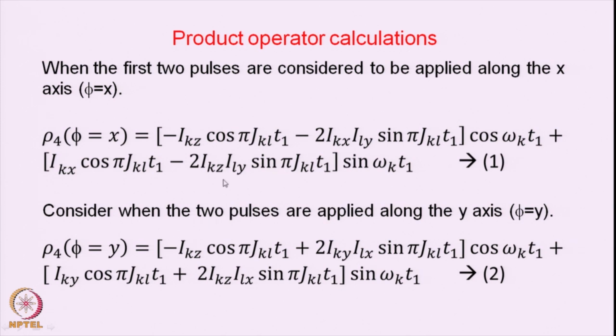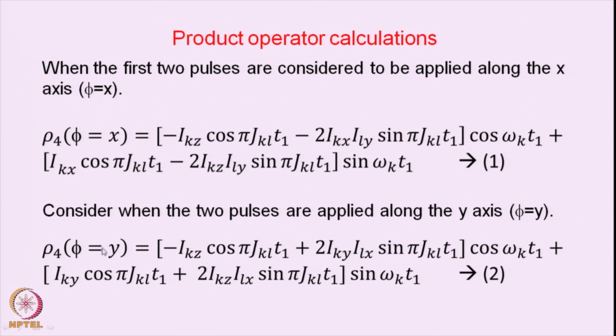And notice here it is the y magnetization for the cross peak at this point, and here it is the x magnetization of the K spin at this point. So, this is an important difference which you must remember, because we are going to come back to it at a later stage.